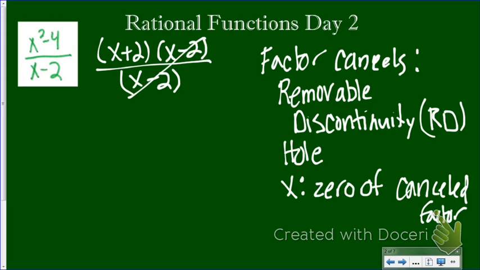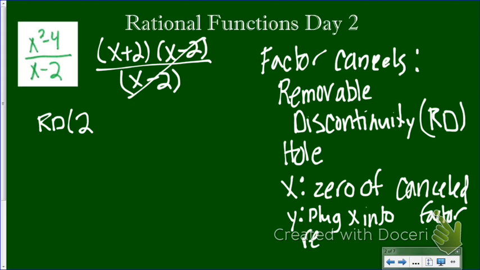So for example here, I crossed off x minus 2, which means the hole, or the removable discontinuity, is going to have an x value of 2. Then to get the y value, I plug that x value into the remaining function.